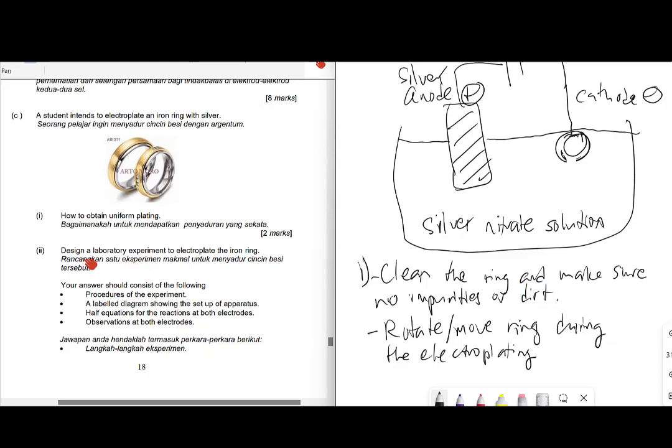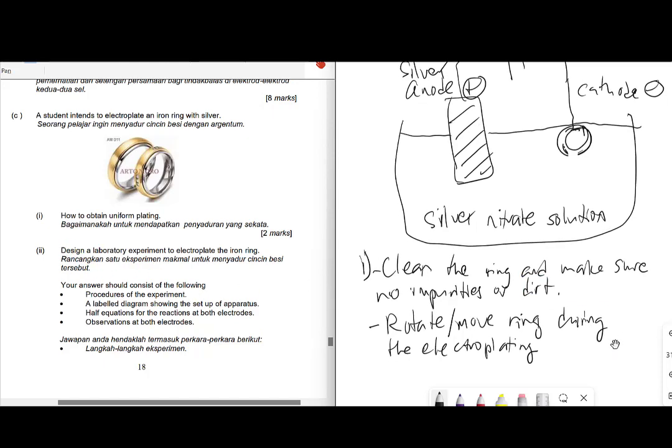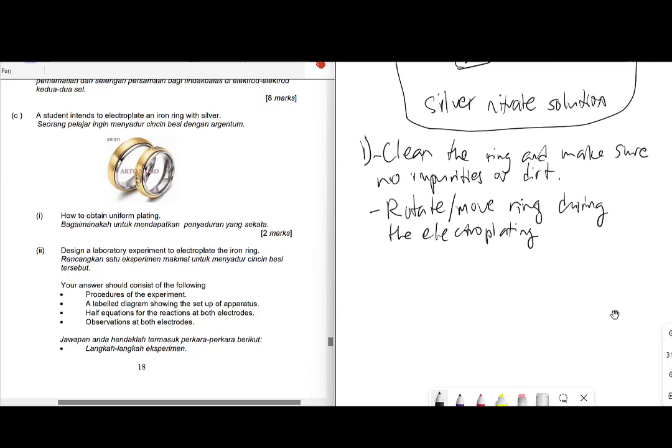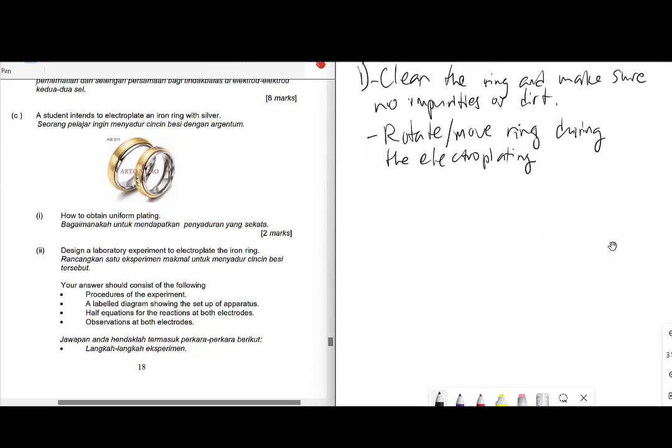Next, part 2 here, they want you to design a laboratory experiment to electroplate the iron ring. Your answer should consist of the following: procedure of the experiment, a labelled diagram showing the setup of the apparatus, half equations at both electrodes, and of course observations.